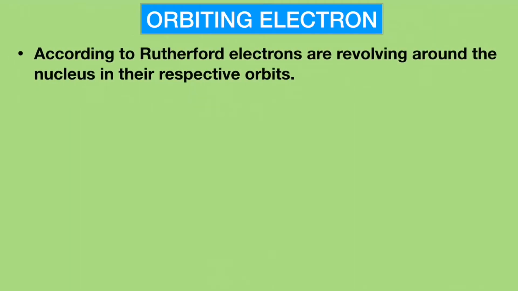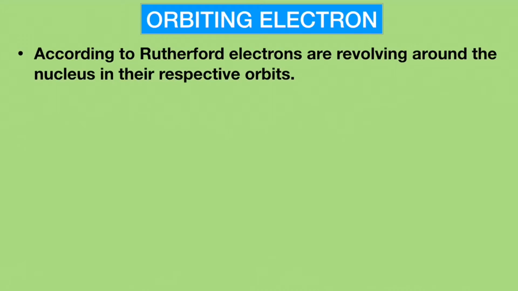So I brought today again a very important part of this chapter. This is the orbiting electron. To understand this, we will consider the Rutherford atomic model's point once again: according to Rutherford, electrons are revolving around the nucleus in their respective orbits. For the revolving or circular motion of any object, we know that centripetal force is necessarily required.